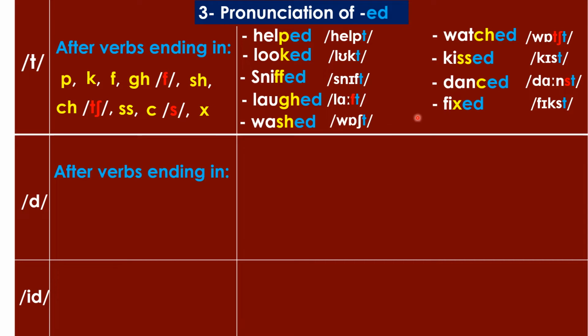So this is actually all about the verb endings after which we pronounce the ed as t. Pay attention to them. This is the most problematic area and the most important.